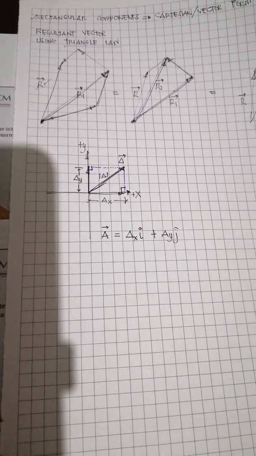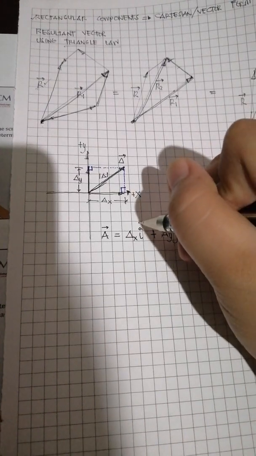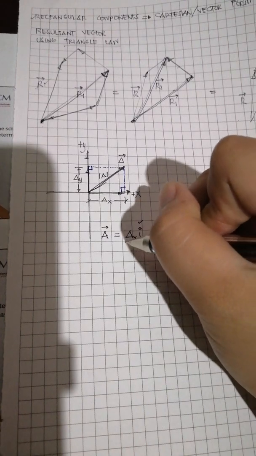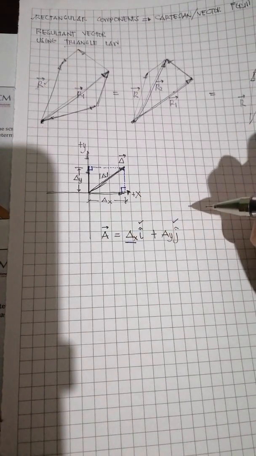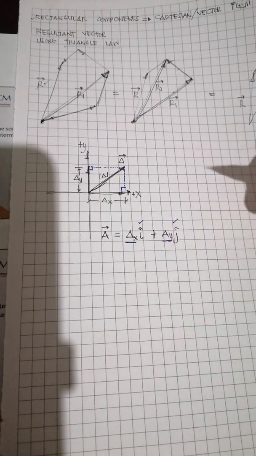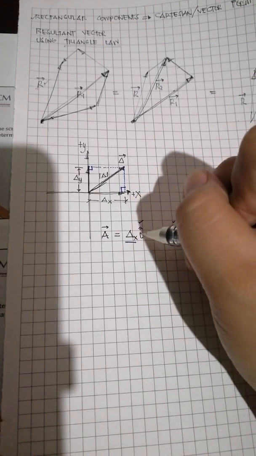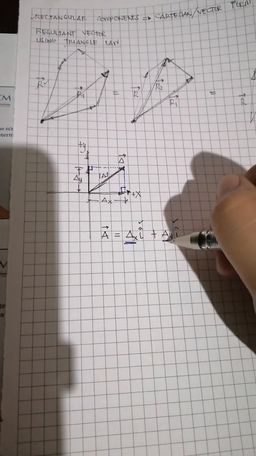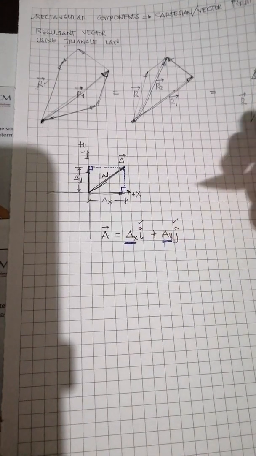So i hat and j hat help us to identify whether this magnitude is the x component or y component. So if it's beside i hat, therefore this is the x component. If beside j hat, this is the y component.